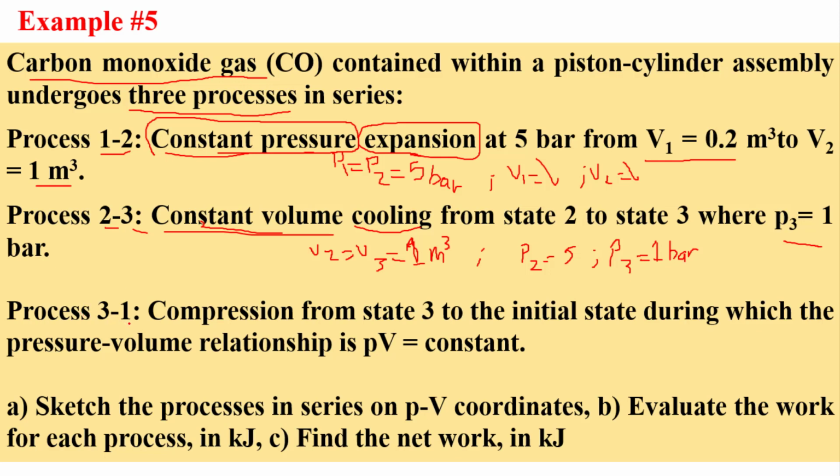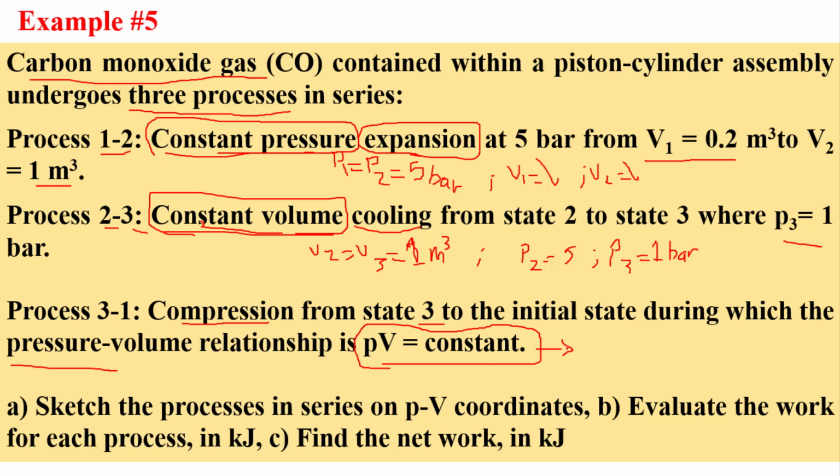Process 3 to 1. What is the type of this process? Process 3 to 1 is a compression from state 3 to the initial state, during which the pressure-volume relation holds. What do we call this relation?